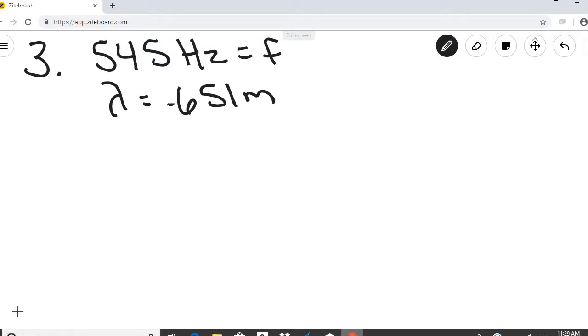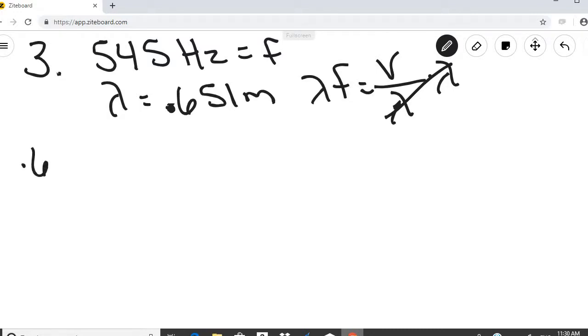Okay, so again, we know that frequency is equal to velocity divided by wavelength. So to get to the temperature, we need to get to the velocity. So let's just multiply both sides by wavelength to give us that velocity.